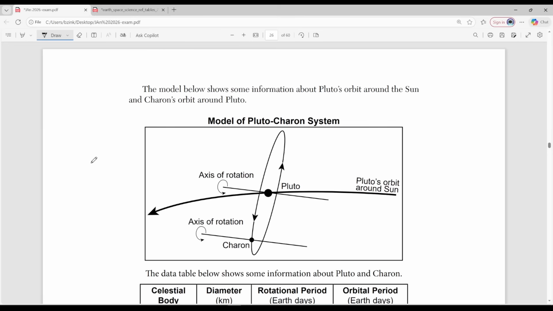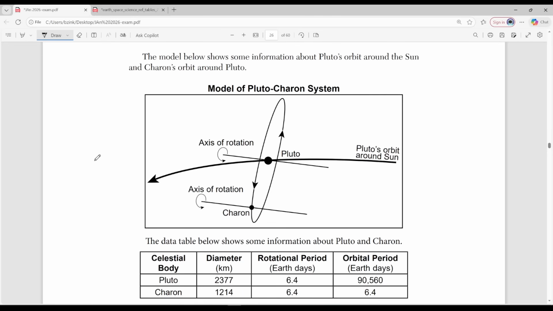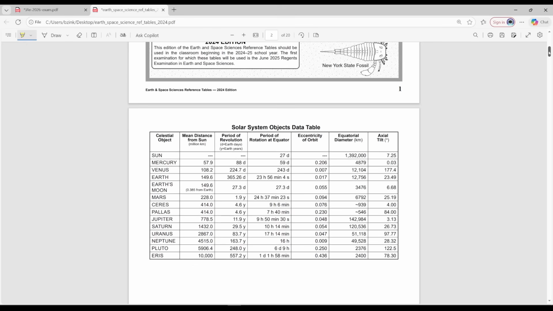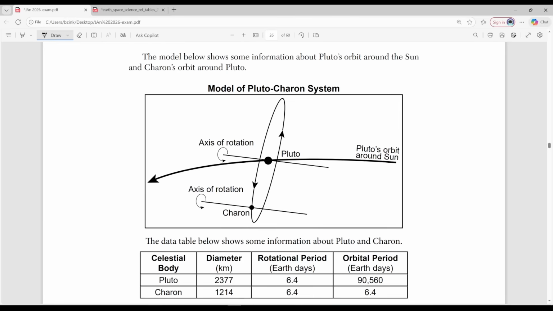All right. The model below shows some information about the orbit of Pluto around the sun. Trying to figure out. So Charon looks like it's a crazy... is that true? Axial tilt, that's not going to matter. It doesn't tell me orbital direction on this one. Oh, sorry, sidetracked.